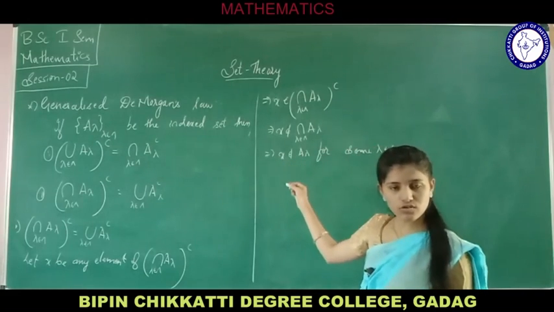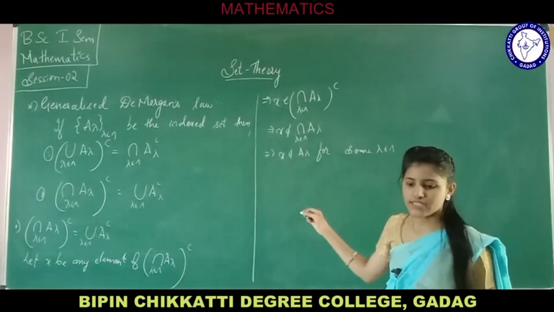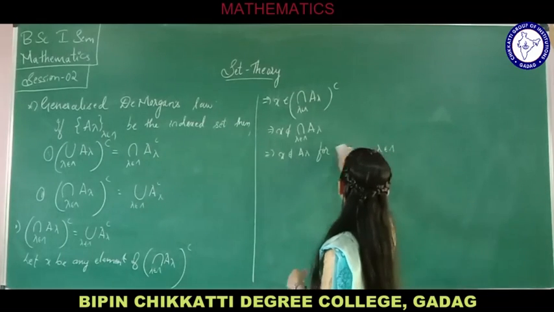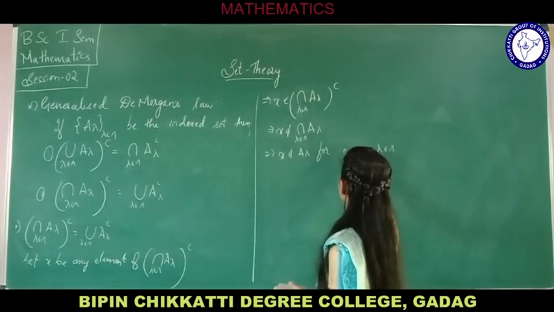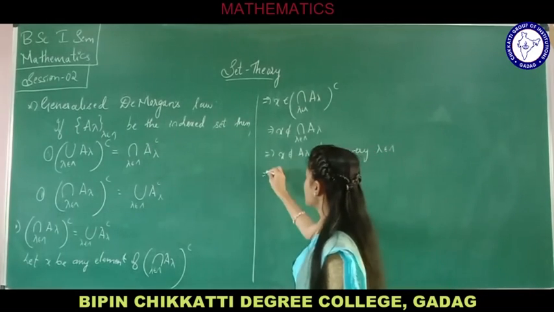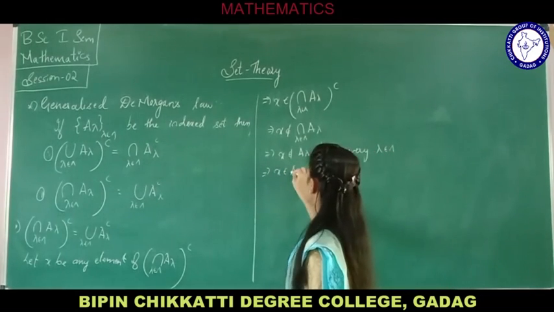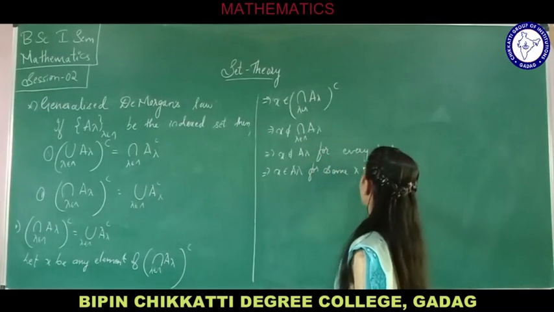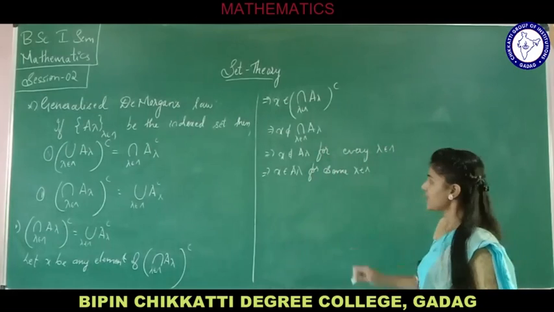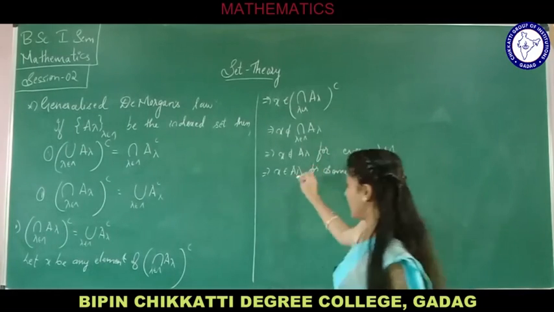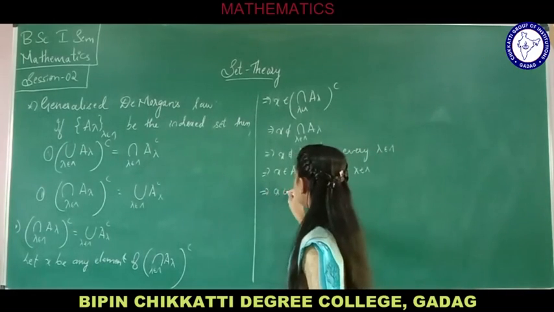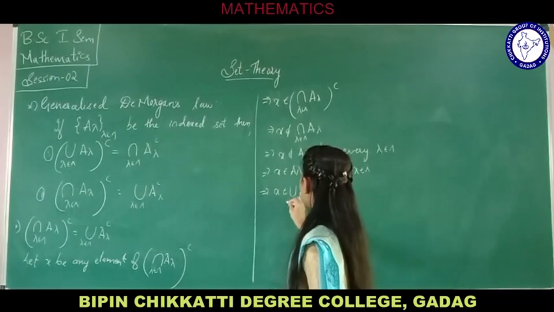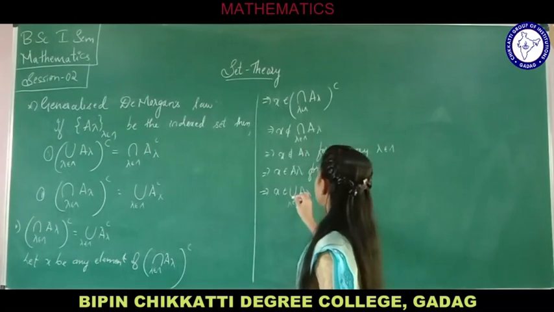If x is not going to belong to A lambda, it just means that x is going to belong to the complement of A lambda for some lambda belongs to this indexed set. If it is going to belong to it, it just implies that x is going to belong to the union of A lambda complement where lambda belongs to the indexed set.